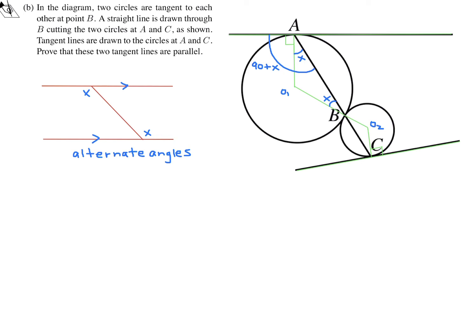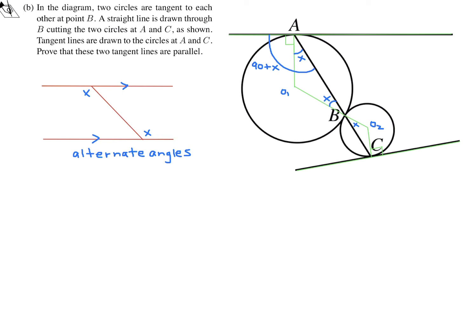Right? That's the property of an isosceles triangle. And then now I want you to look at these two lines right there. Those create opposite angles. So that means this angle in here is also x. Right? It's opposite to that x right there.